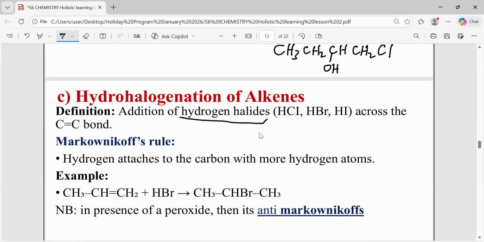So these are the halogenic acids: hydrogen chloride, hydrogen bromide, hydrogen iodide. And we are saying that it is the addition of these hydrogen halides across the double bond. Now, in this case, where we're having a hydrogen atom and another atom, we are saying the Markovnikov's rule applies.